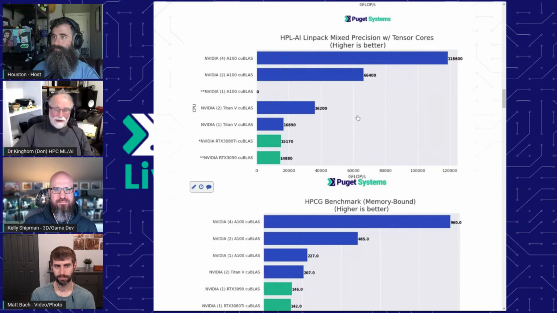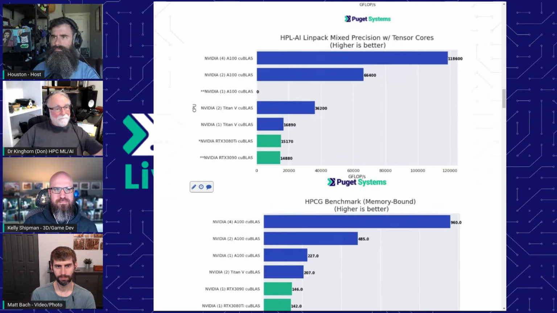But of course the A100 blows it away. I have a special note here on the 3090 because those actually failed residual error tests when I first tested them. If I run the 3090 with the same problem size as the 3080 Ti, it's about the same.